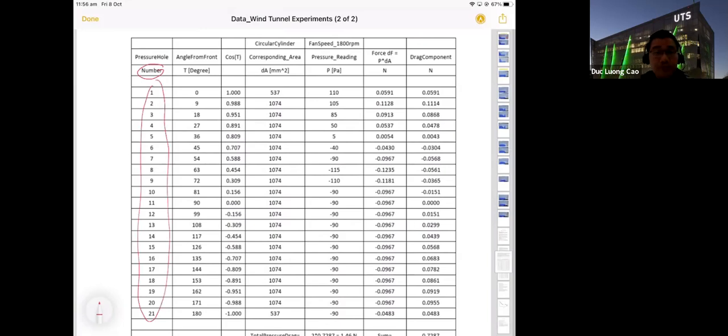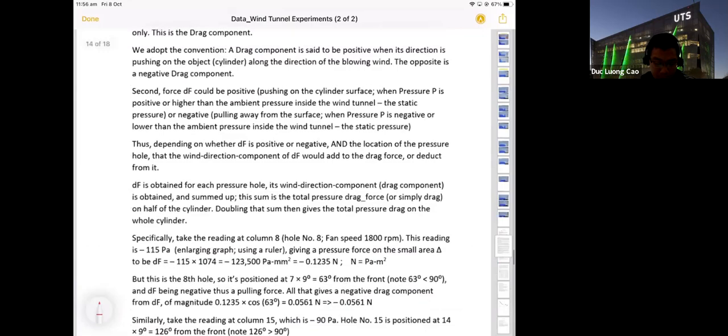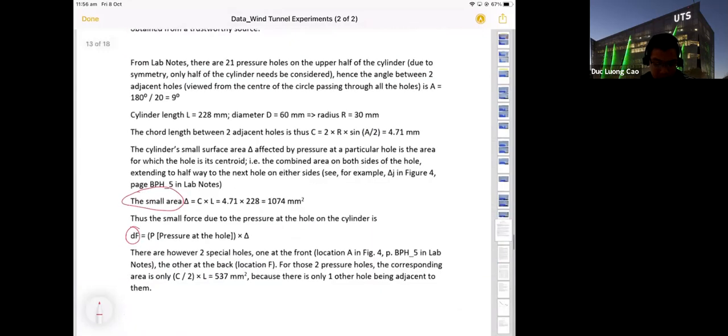Because the 21 holes are on a half of the cylinder, if hole 1 is 0 degrees, hole 21 will be 180 degrees, the angle from the front. And here you will have the corresponding area. How to find the area? You can see it here, the small area.